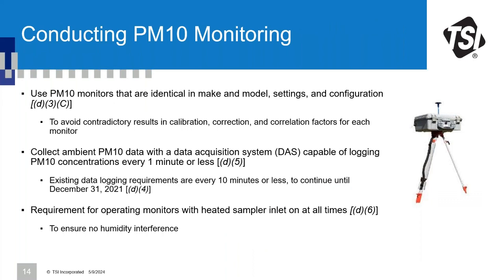So when conducting your PM10 monitoring, it's important to make sure that the monitors are identical. It's a little different than, let's say, doing some gas analysis where you do a bump test. You compare the gas monitor to a cylinder of gas to make sure that it's reading the right levels. Or if you're calibrating a noise dosimeter, you would hook it up to a calibrator to check its reading and make sure that it's within range.